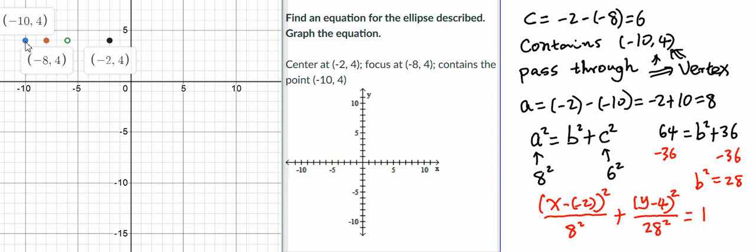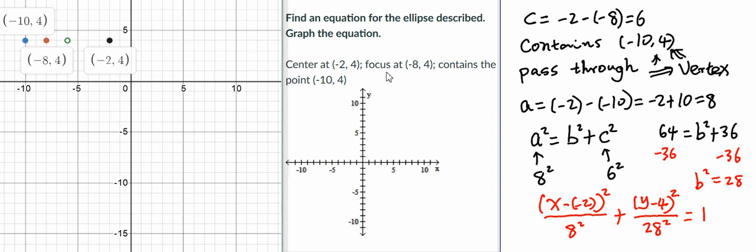Since this point (-10, 4) is contained on the curve, it means the ellipse passes through this point. So this is going to be the vertex. Since the center and the focus are in this direction, this point certainly would be the vertex.